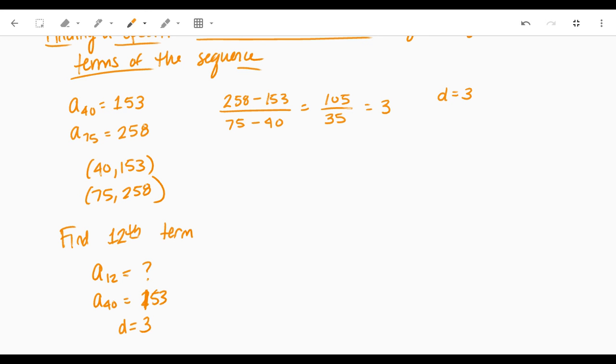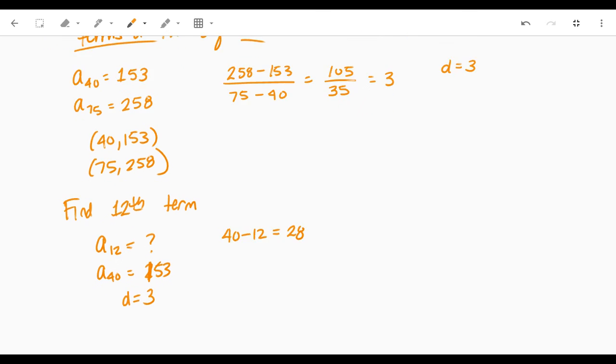So we need to just work our way back 28 terms. So 40 minus 12 is 28. So we have to subtract that 3 28 times. So a sub 12 would be the same as a sub 40 minus 3 times 28.